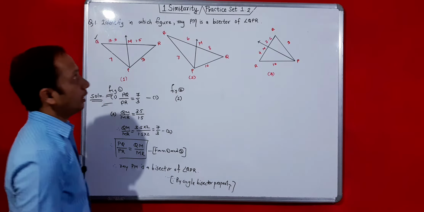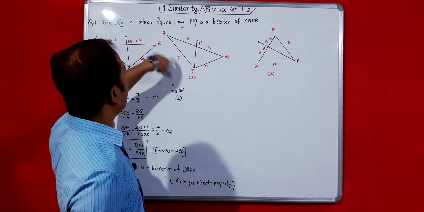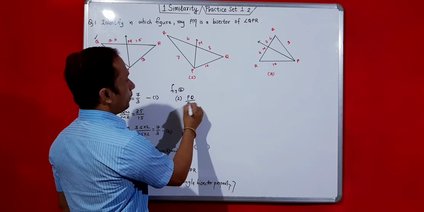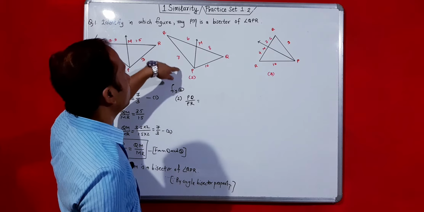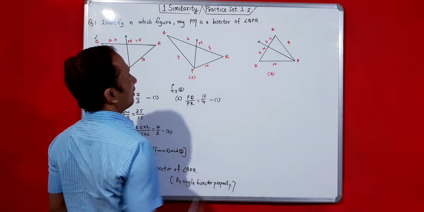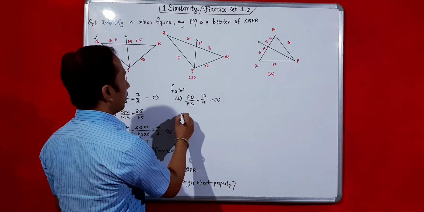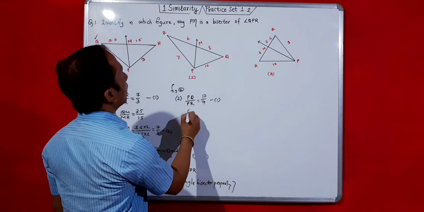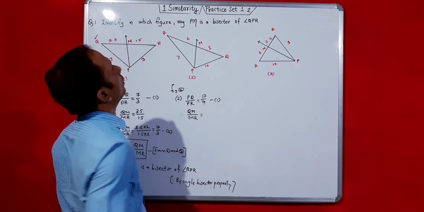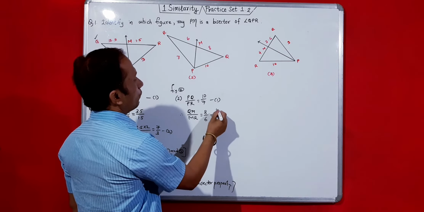Now see, I will again take PQ upon PR. I will not change it. PQ upon PR is equal to, what is PQ? 10 upon 7. This is first. And if I take PQ, then I have to take QM upon MR. So QM upon MR is equal to 8 upon 6, and 8 upon 6 is 4 upon 3.